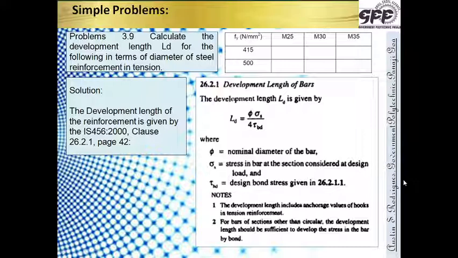We have been also told that the steel is in tension. Very important component over here, that the steel is in tension. Now when we look at the table over here, we have been given the different types of concrete. So one is grade M25, grade M30, grade M35, and the grades of steel are 415 and 500.